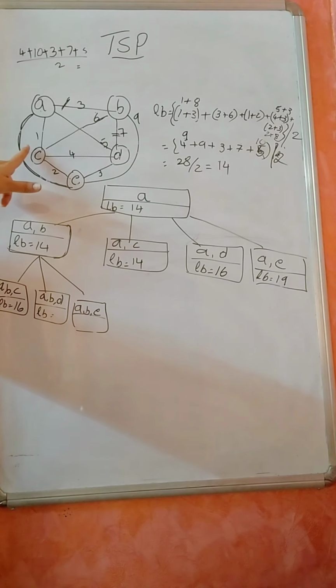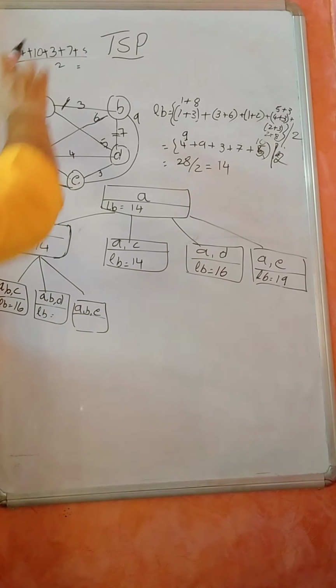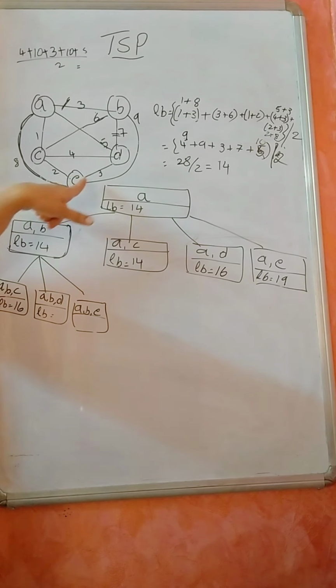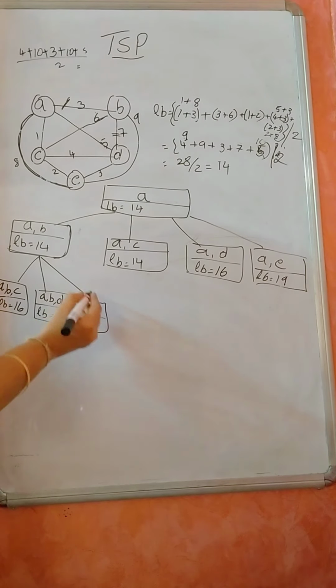Next from D, 7 is fixed, so it is 7 plus 3, 10. Now from E, 2 plus 3, 5. So this divided by 2, you calculate how much you will get. You will get this also as 16, the lower bound as 16.